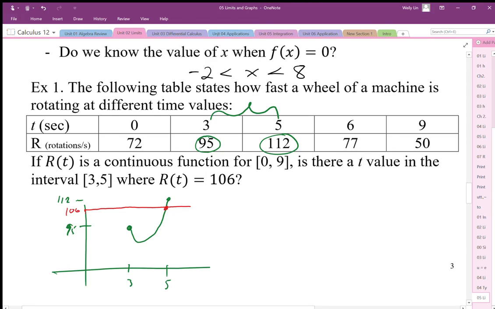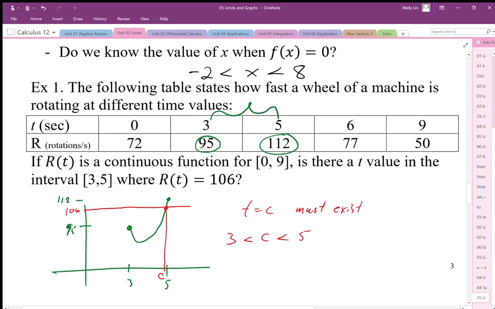And in this case, 106 is very close to the endpoint there, but we know that it is in between those two endpoints. So C must exist, so that t equals c must exist, and it must exist in this interval. It's got to be after 3 seconds and before 5 seconds.